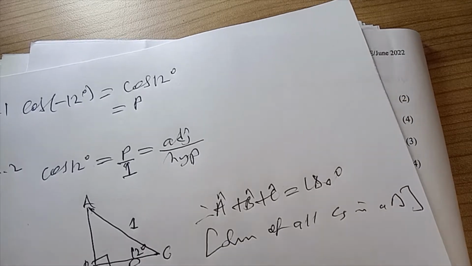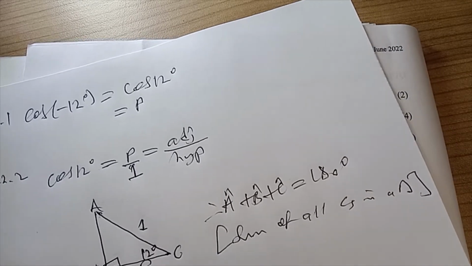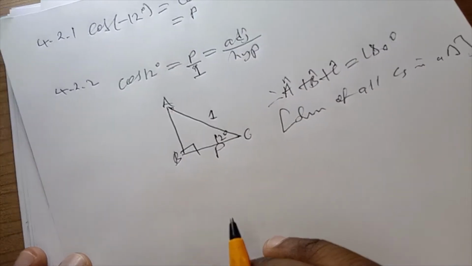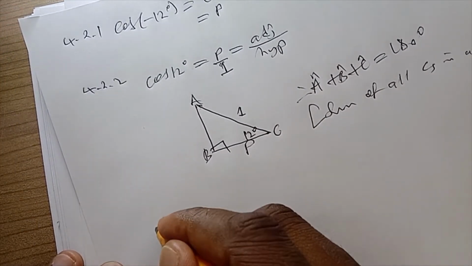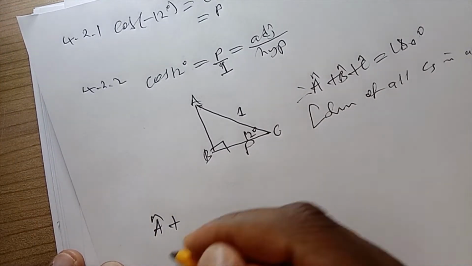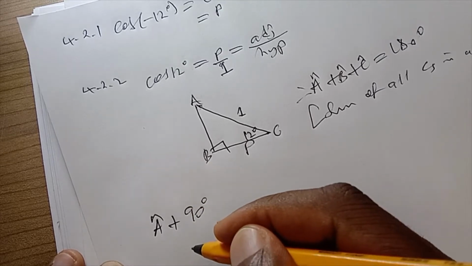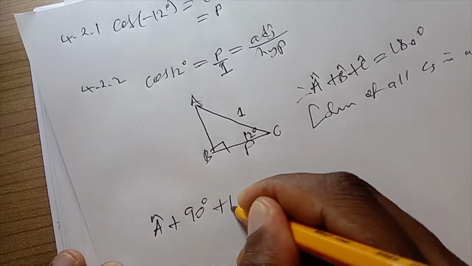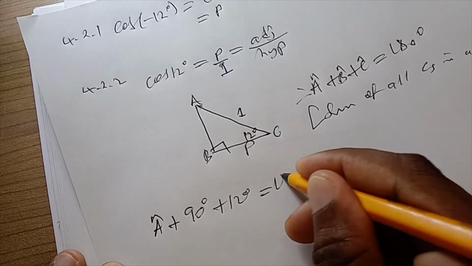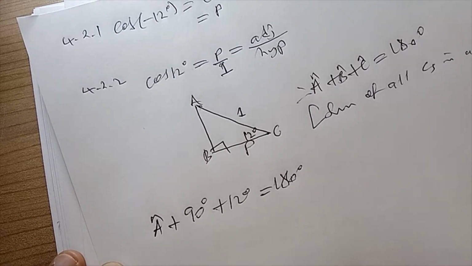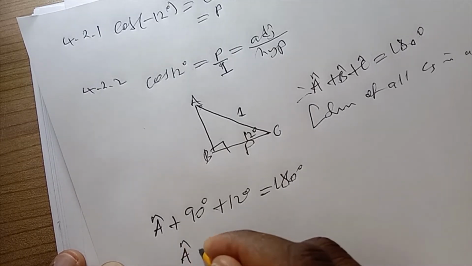Then we are looking for angle A. Our angle B is 90 degrees. Then angle C is 12 degrees. They should give us 180 degrees. Then here we just do the algebra.